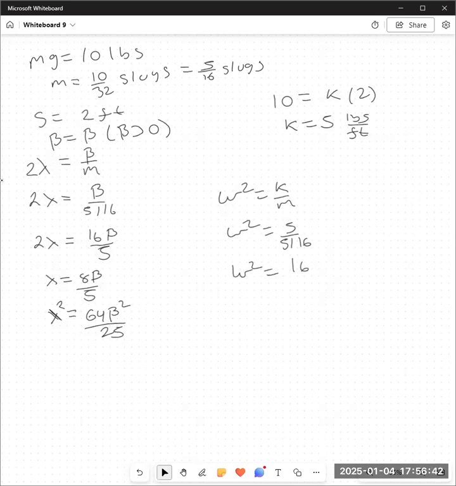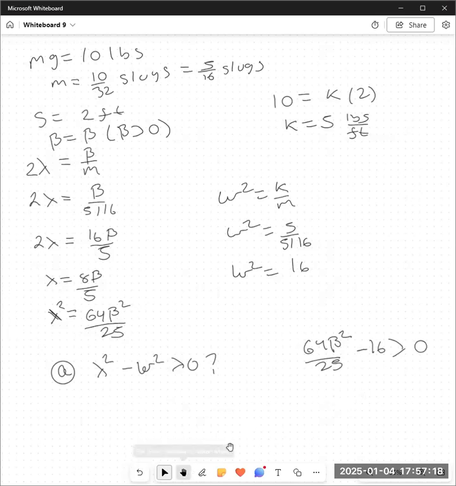And I want to know when it's overdamped. So question A is, when is lambda squared minus omega squared greater than 0? Remember that beta has to be positive. So let's solve that. 64 beta squared over 25 minus 16 needs to be greater than 0.